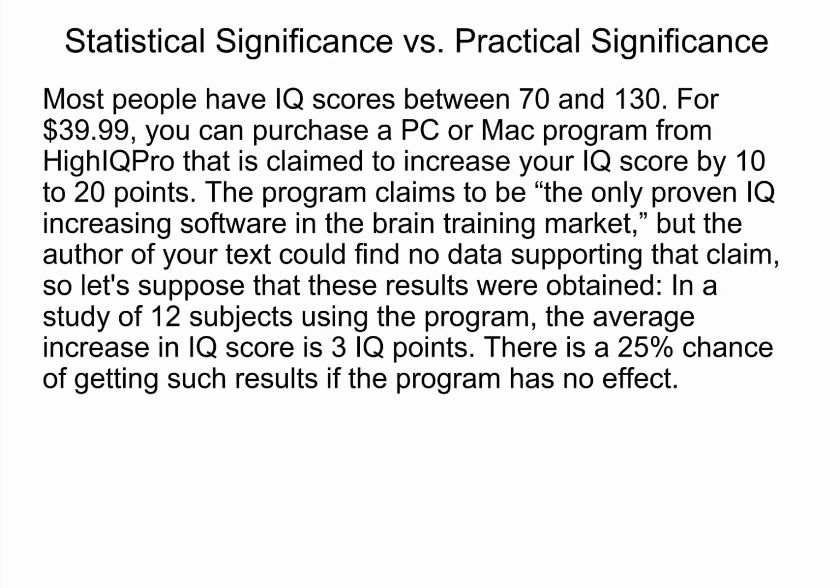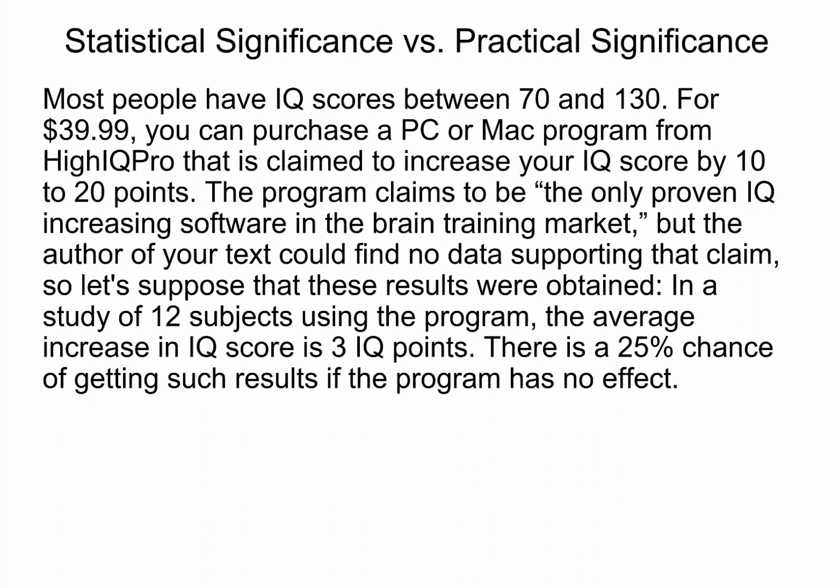Statistical versus practical significance. Most people have IQ scores between 70 and 130. For $39.99, you can purchase a program from this company that claims to increase your IQ score by 10 to 20 points. The product claims to be the only proven IQ-increasing software in the brain training market. But the author of your text could find no data supporting that claim. So let's suppose these results were obtained.